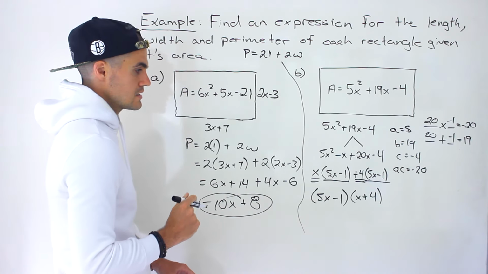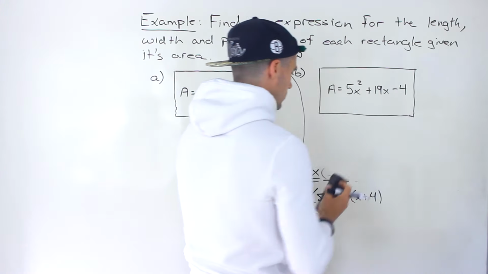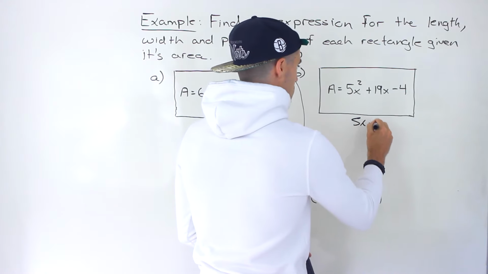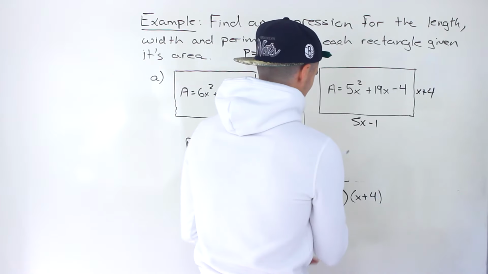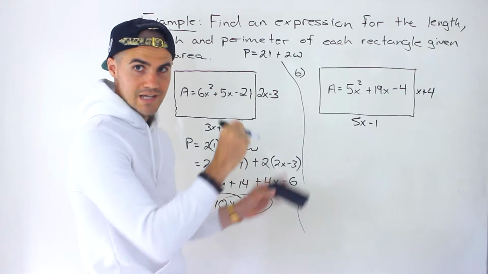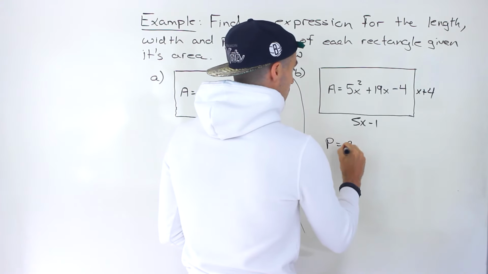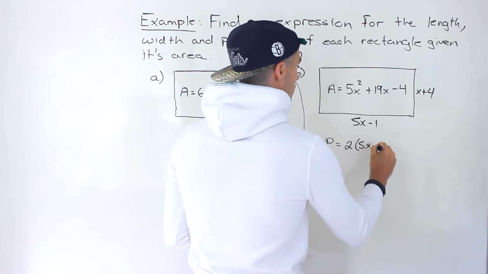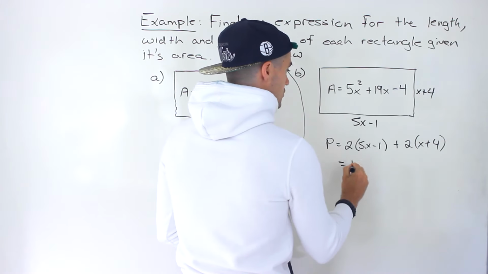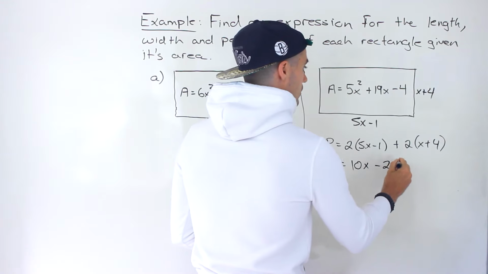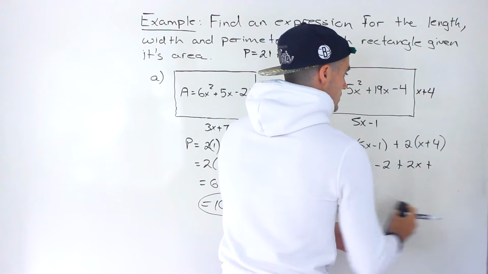Okay, so in this case, again, length and width interchangeable. I'm going to let 5x minus 1 be the length. I'll let x plus 4 be the width. And then what we do, we take those length and width expressions, plug them into the perimeter. 2 times the length plus 2 times the width to get the expression for the perimeter.